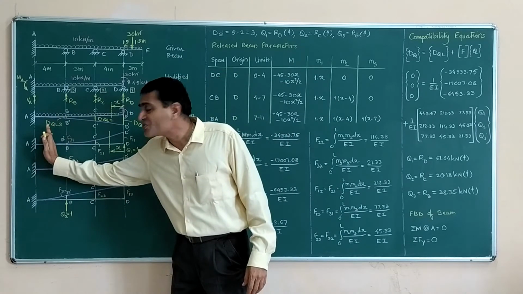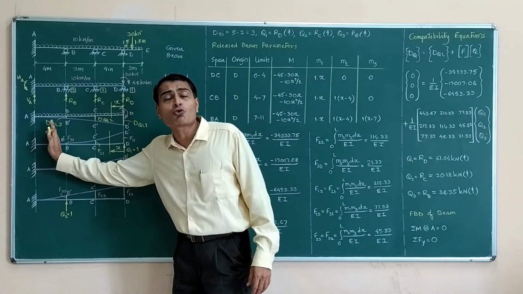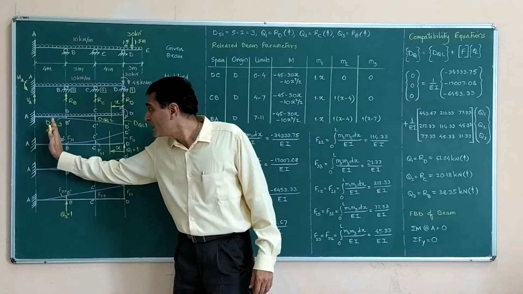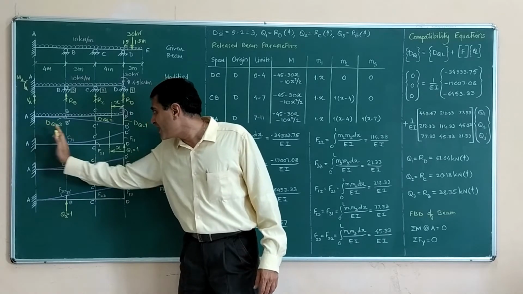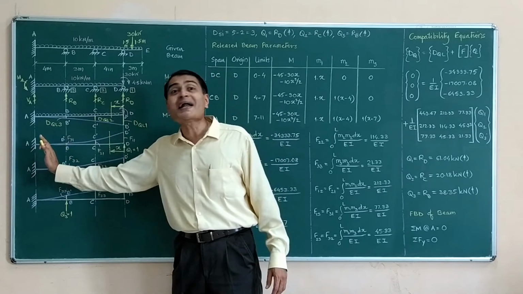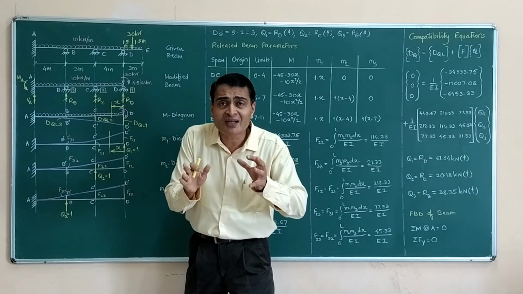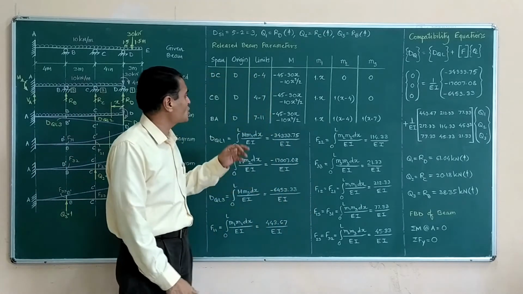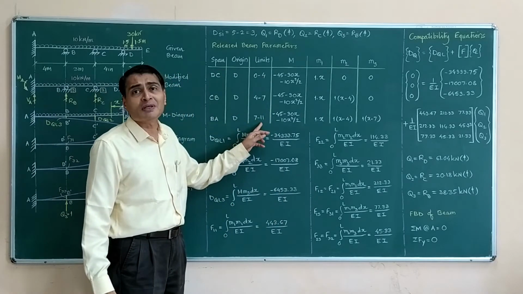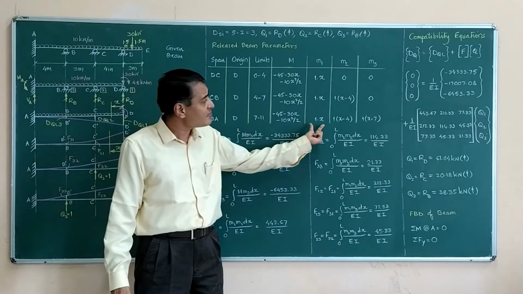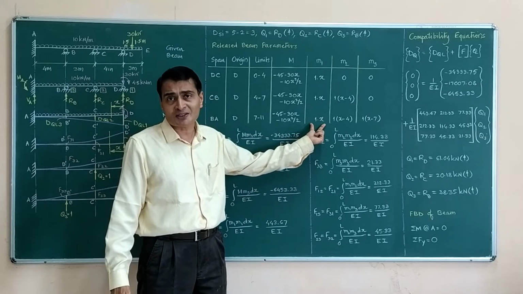Even if the section is here, I am pointing it out with my right hand palm, then also you are observing that the bending moment is going to be 1 into that large x, but 1 into x, and the range for x variation will be 7 to 11 meters. So I get the same expression here, 1 into x.